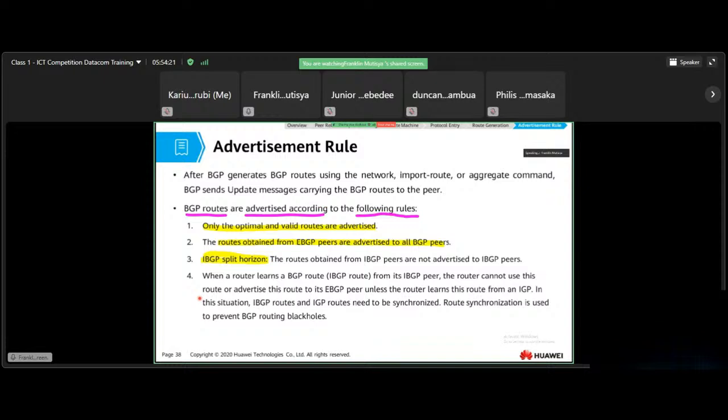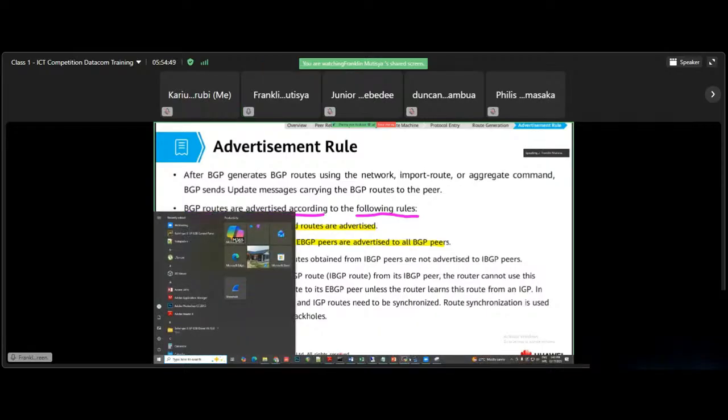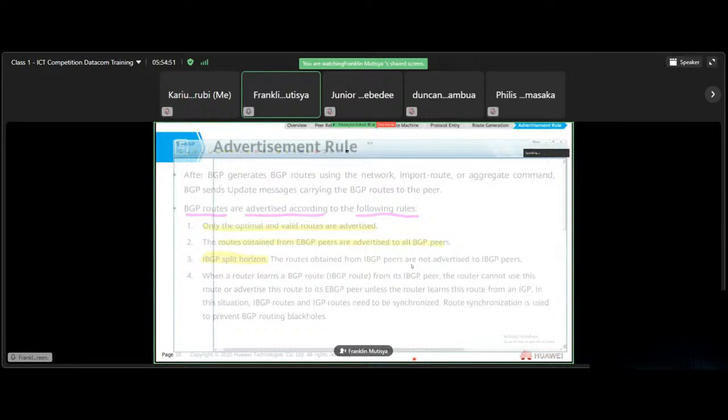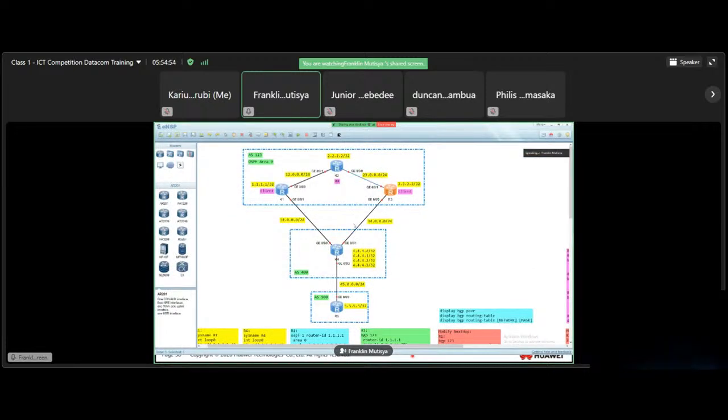Number 4: when a router learns a BGP route, for example an IBGP route from an IBGP peer, the router cannot use this route or advertise this route to its eBGP peer unless the router learns this route from an IGP. So for BGP to run successfully, BGP works together with an IGP.